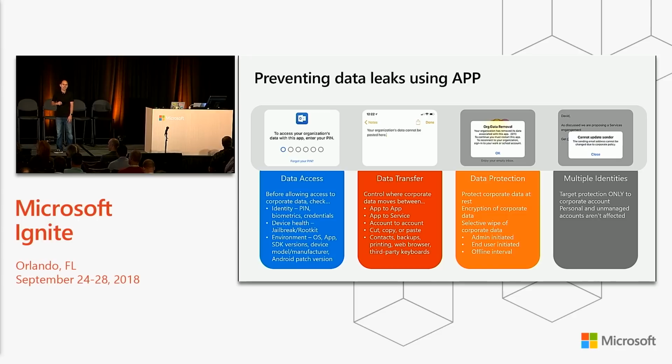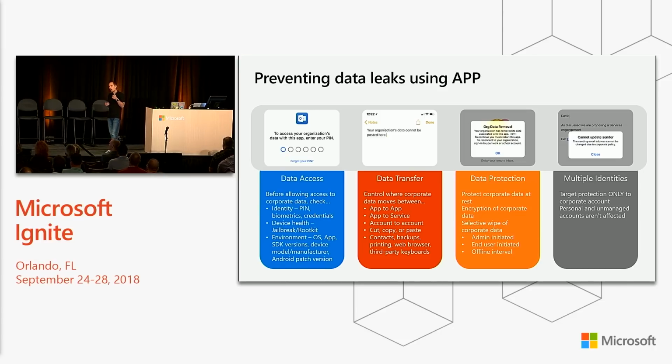And through our data protection capabilities, we implement encryption capability. So we can target that corporate data and we can encrypt it. And not only can we encrypt it, we can wipe that corporate data if needed. And we do it along 3 key capabilities. So we can issue admin level wipes. So the Intune admin can trigger a wipe of just that corporate data within the apps.